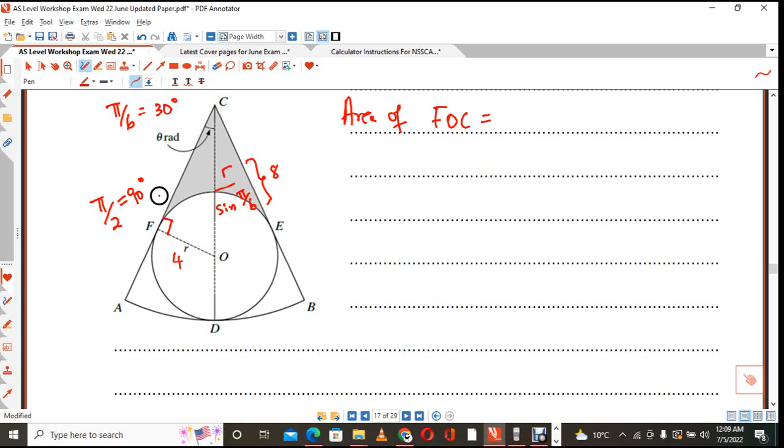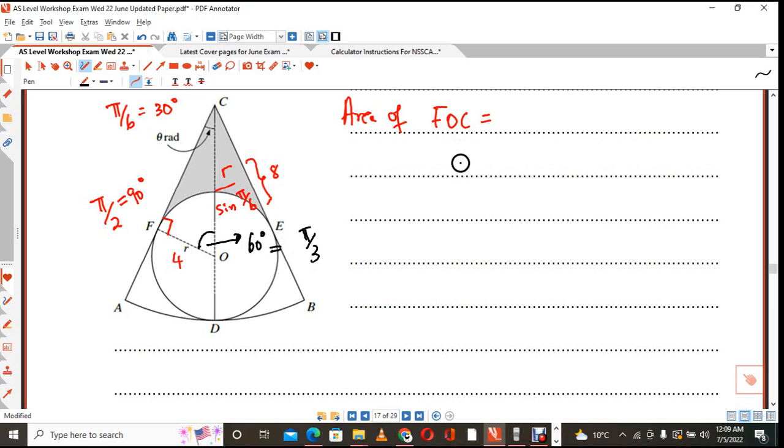So the angle I'm looking for, this one here, will be 60 degrees, or pi over 3 radians. I hope you still remember how to find that: pi over 2 minus pi over 6 gives you pi over 3.